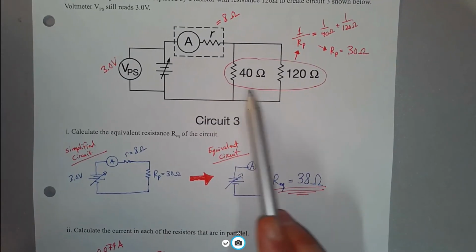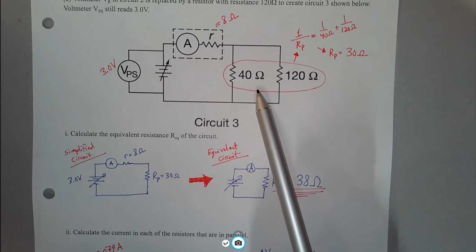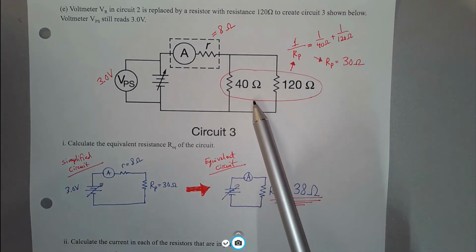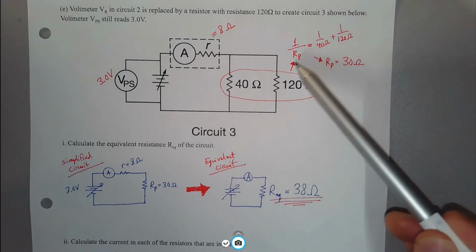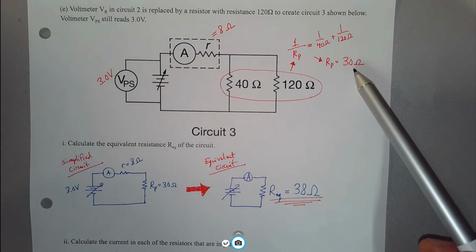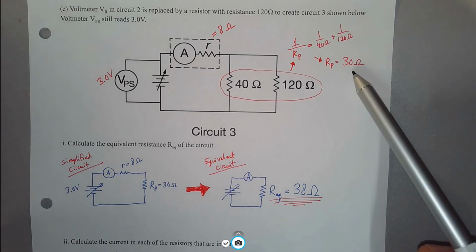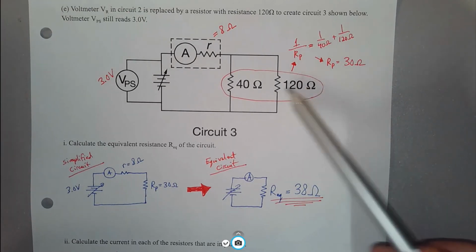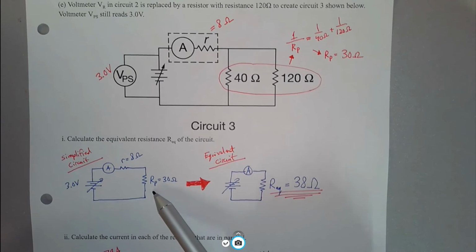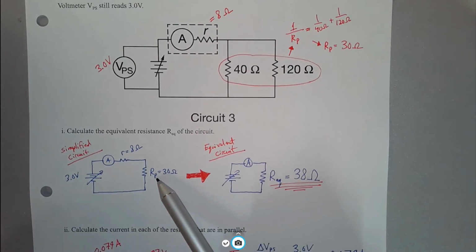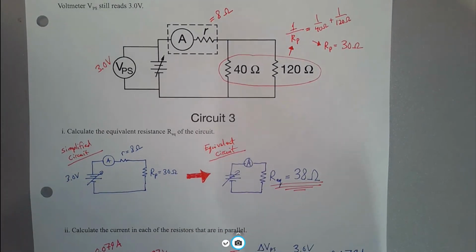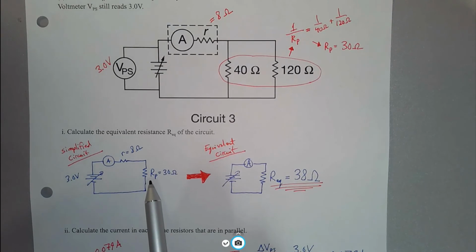Since these two things are in parallel, you can find the equivalent parallel resistance of both of those using the parallel resistance equation. And you get that the equivalent parallel resistance of a 40 ohm and 120 ohm resistor is just 30 ohms. So you can redraw these two in parallel as one equivalent resistance. It's behaving just like a single 30 ohm resistor.